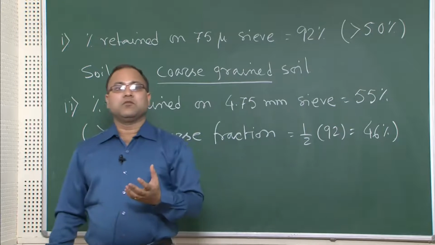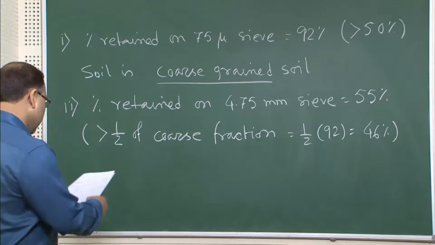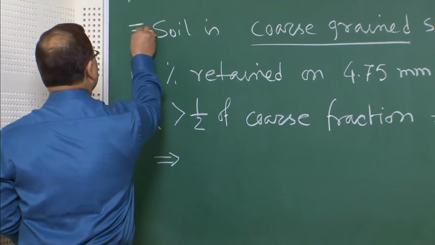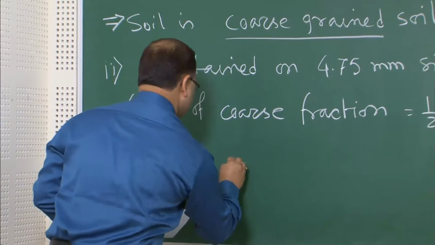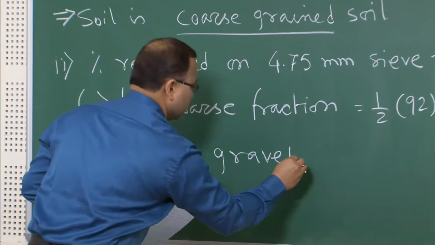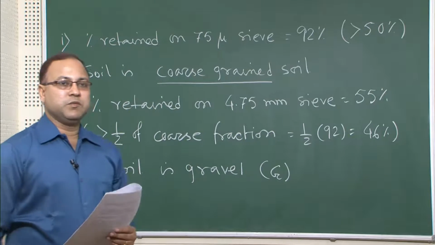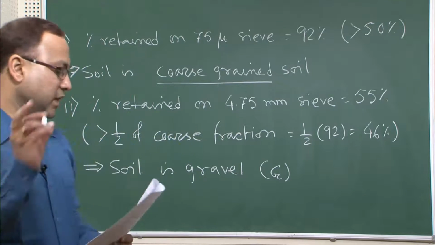So, what you can conclude from this? Your soil will be classified as gravel. So, from this you can conclude soil is gravel. That means G. So, the first symbol, the prefix, we have got as G.